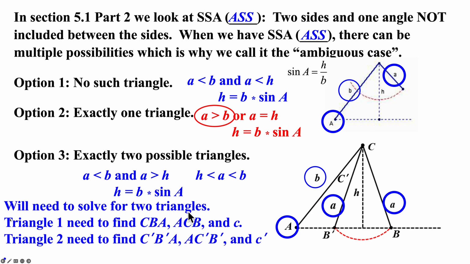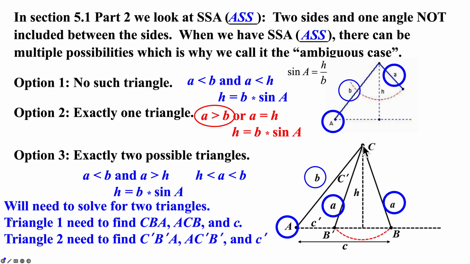Now, because you have 2 triangles, we have to solve for both. So there's 2 triangles here. There's triangle A, B, C. That's the outer triangle. And so here's my side C that I've got to find, from A to B. So if I need to find C, B to A, that's this angle, A, C, all of them, the whole big thing to B, and side C. The second triangle you need to find is A, B prime, C prime.